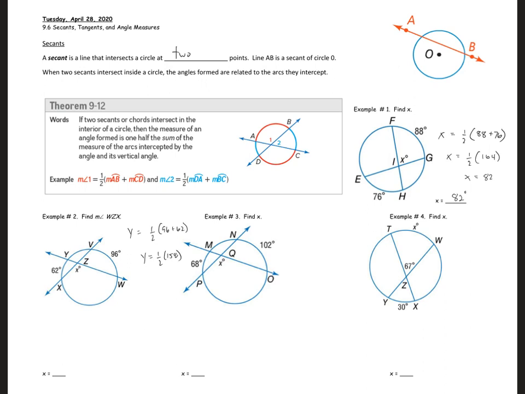And half of the 158 is going to be 79. So that angle right here is 79 degrees. Then I could think, well, these form a line, so x degrees is equal to 180 minus the 79, which is 101 degrees.